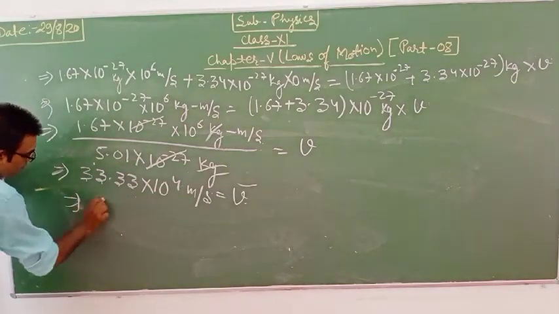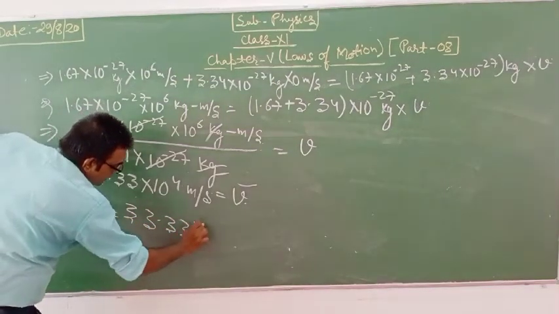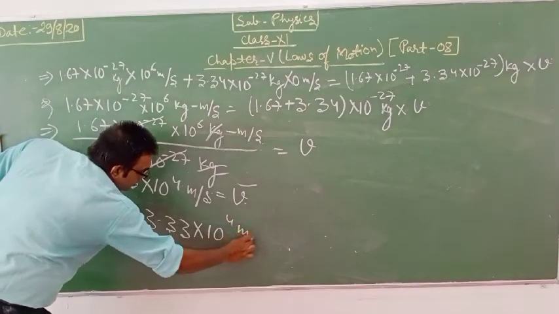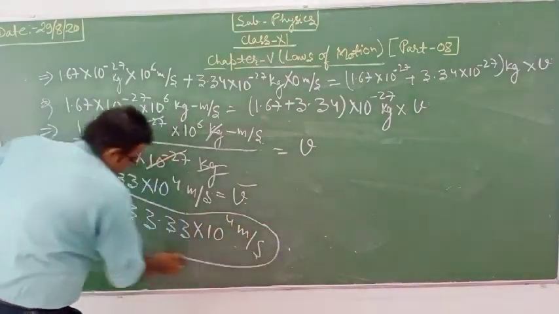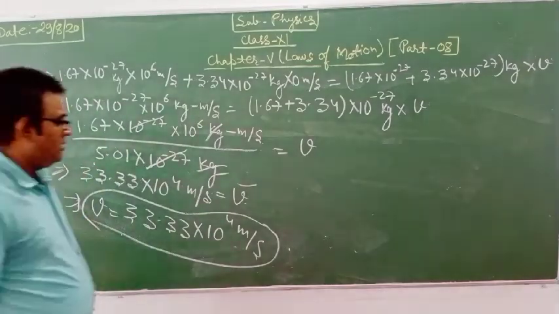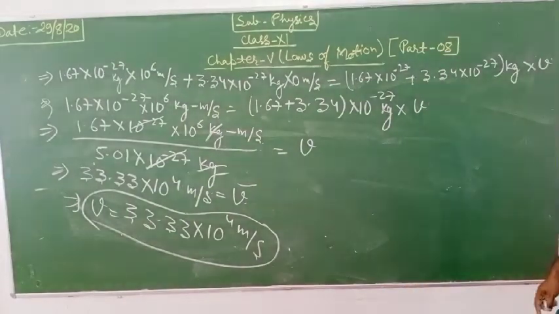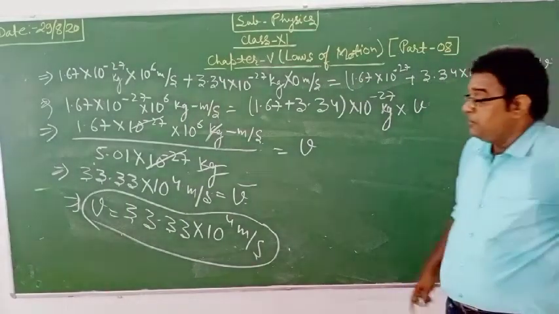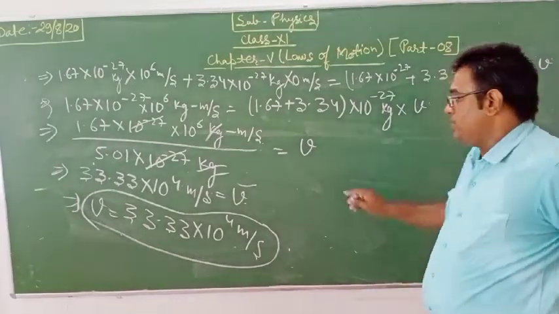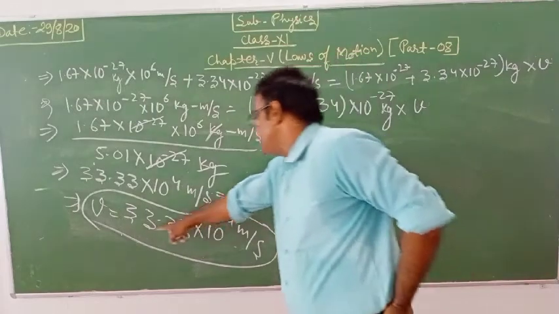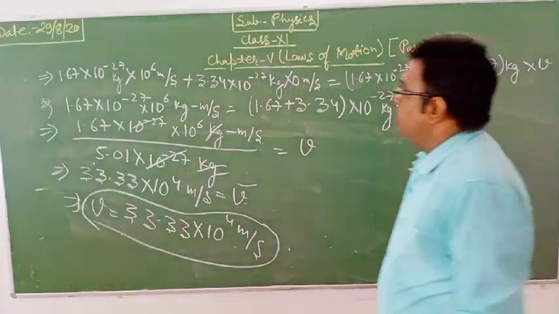This is the final velocity v with which the combined deuteron and neutron will move after combination, that is 33.33 into 10 to the power 4 meter per second.